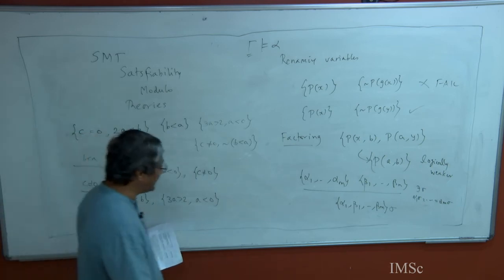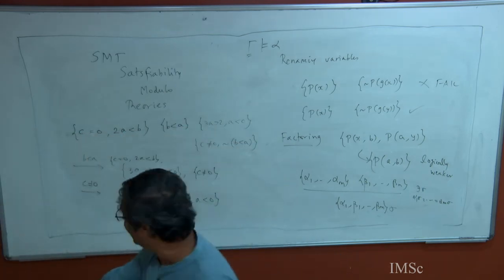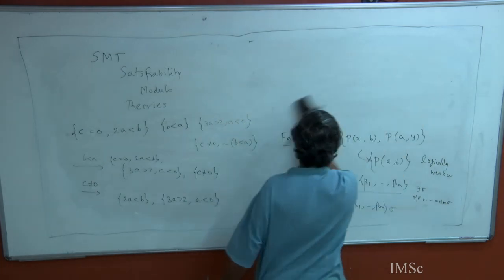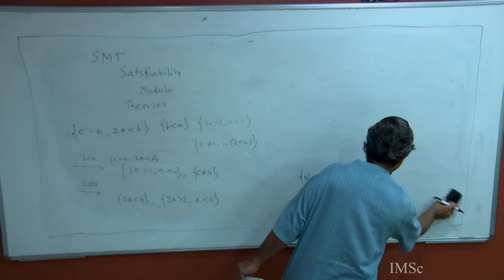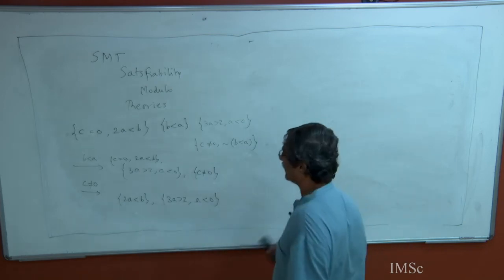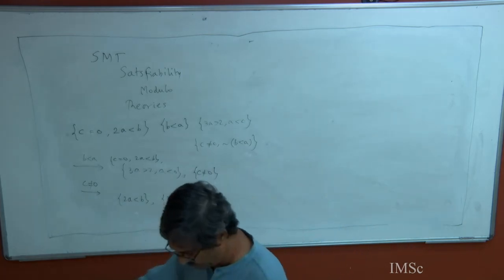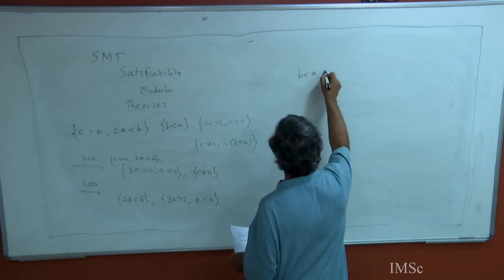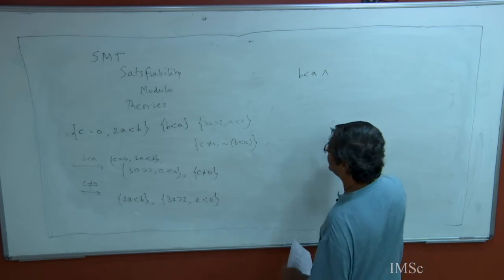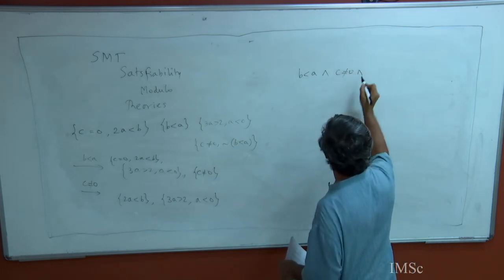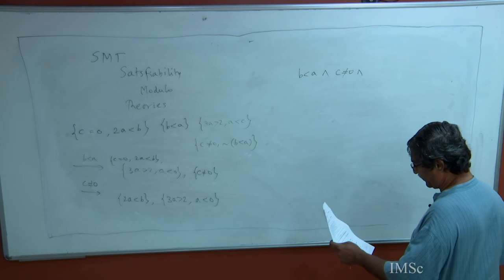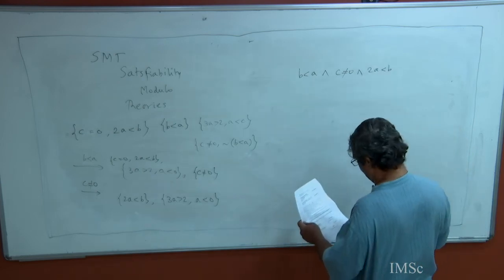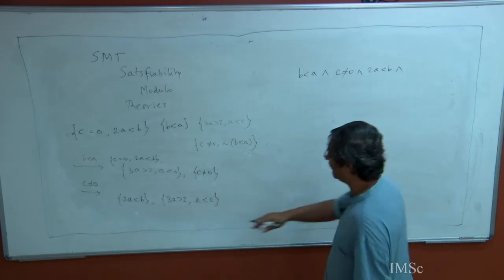So I take 2A less than B and then try to build a model with B less than A and C not equal to 0, and 2A less than B and, well, one of the two.